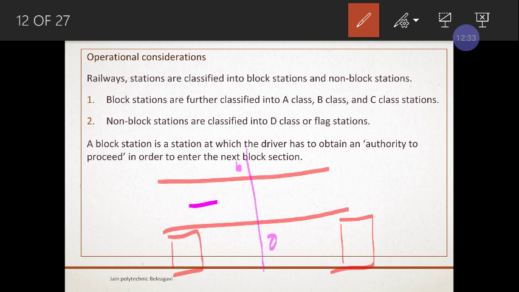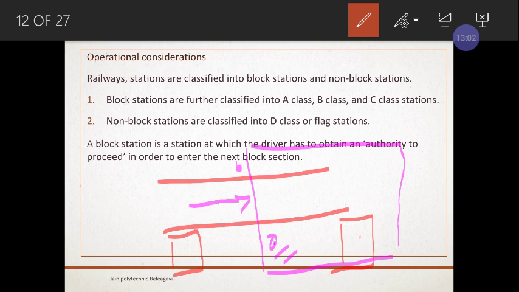When you are trying to enter from one block to another, the station master will tell you whether to proceed or not, because this is his block. Without his permission you can't enter his block, so the authority to proceed shall be granted for the next block.